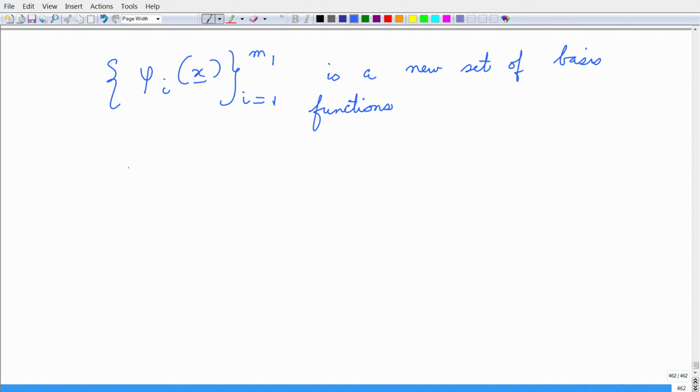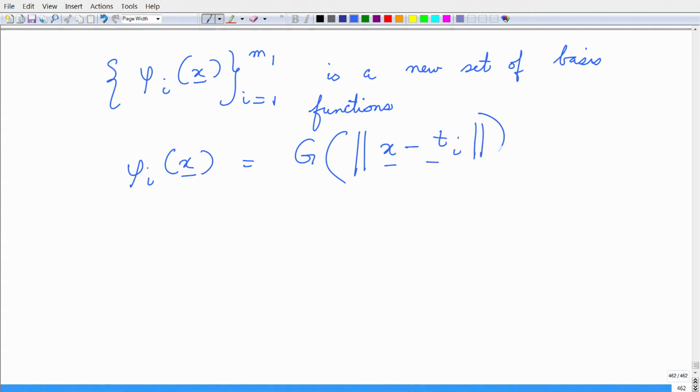We choose phi_i(x) to be G(x, t_i), where i goes from 1 to M1.